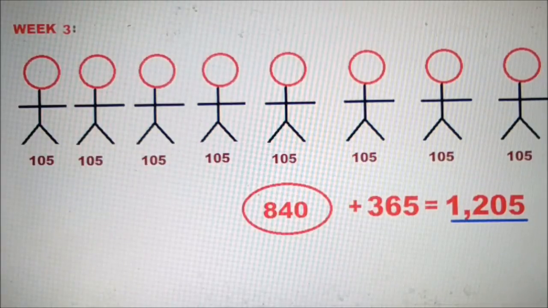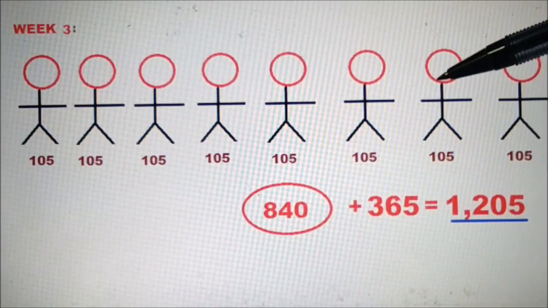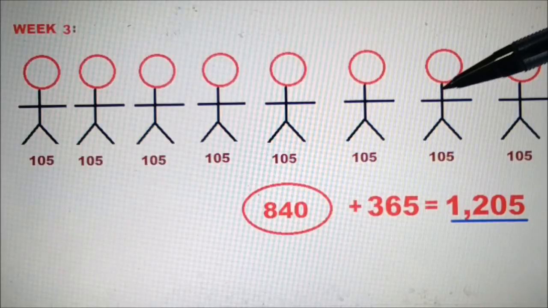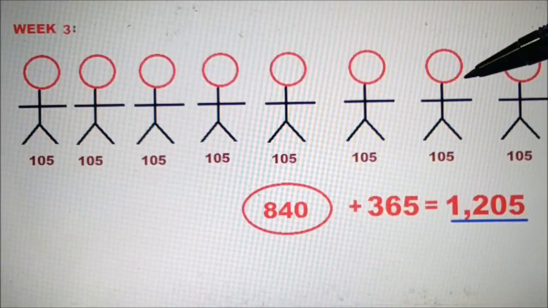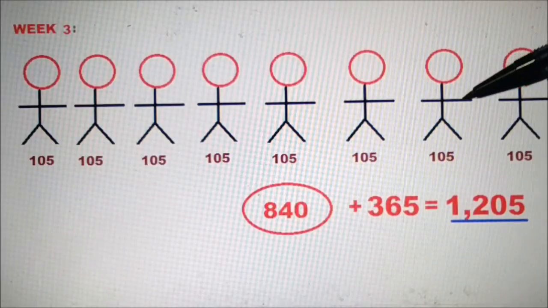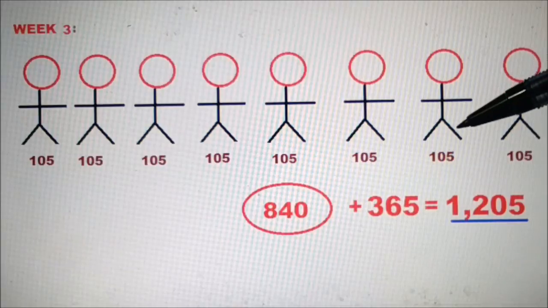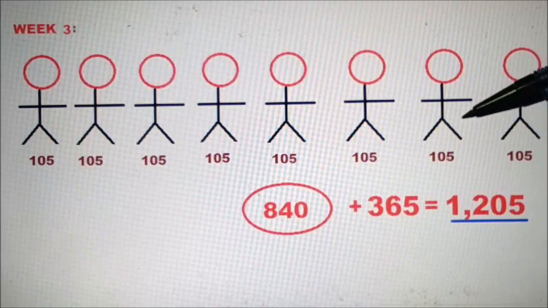Week 3, our third payment cycle. As you can see on week 2, we have 7 heads. Now on week 3, it grows into 8 heads. Imagine how your money will grow so fast on this strategy.